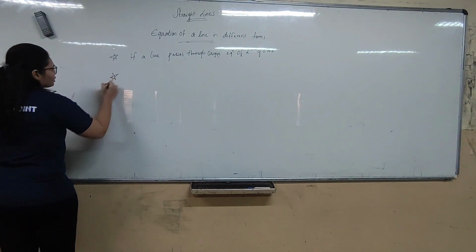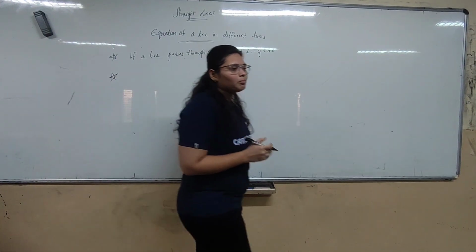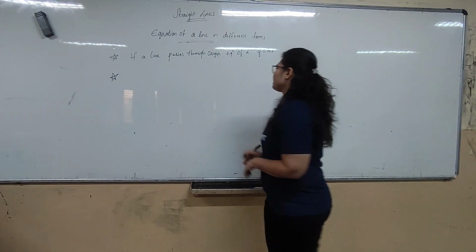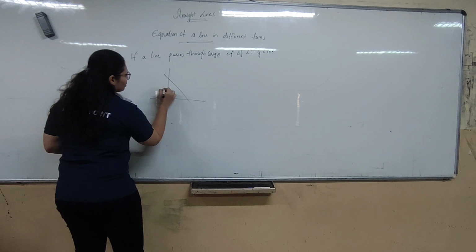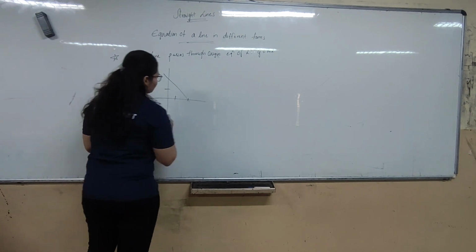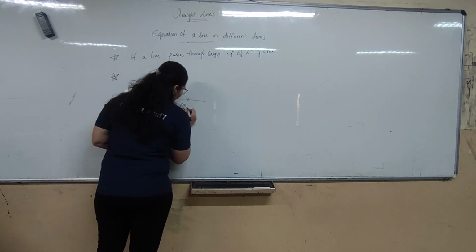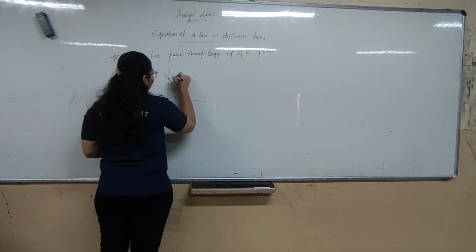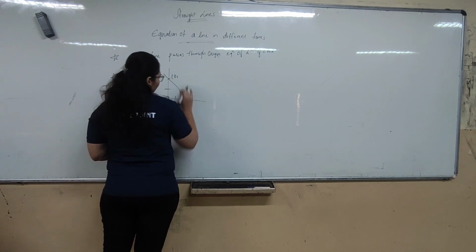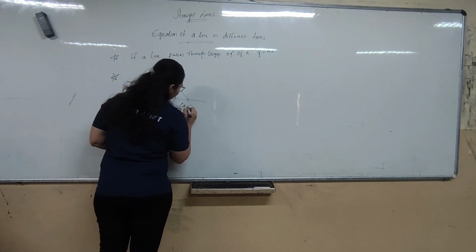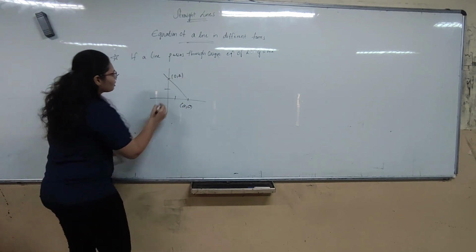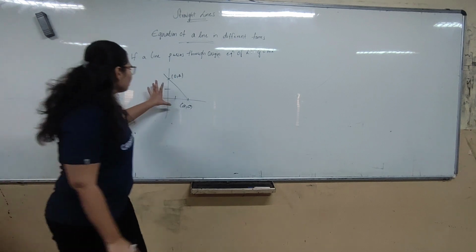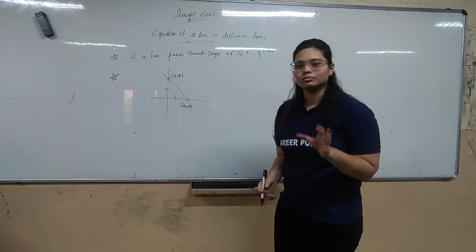Now, if a line makes equal intercepts on coordinate axis, so let's take a line, it makes equal intercepts on coordinate axis. So it is (0, a) and (a, 0), right? So intercepts are same. So what will be the slope?